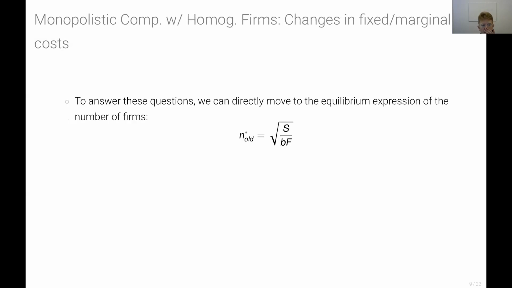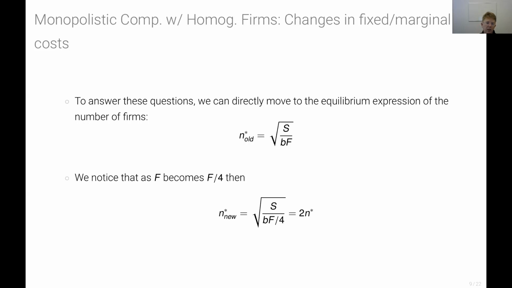And so to answer these questions, again, we're going to move back to the equilibrium expression of the number of firms. As F becomes F over 4, the new number of firms, if it was just given by the square root of SBF, now we plug in for F divided by 4, and you can notice that the 4 is going to flip up into the numerator, and obviously 4 is the square of 2.